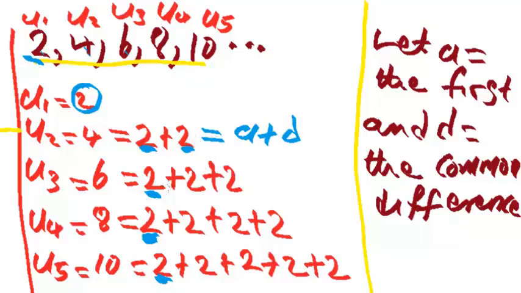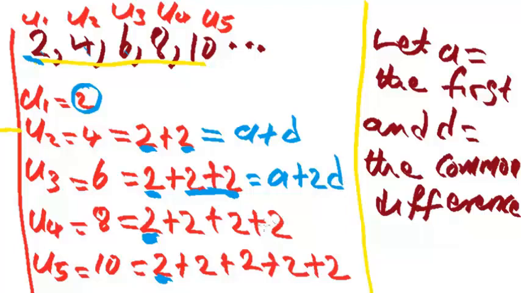Now for this one, we added 2 of the common difference. We added the difference 2 to obtain 4, then we added another 2 to obtain 6. So that means that we added 2 of the common differences. So that will be A plus 2D.